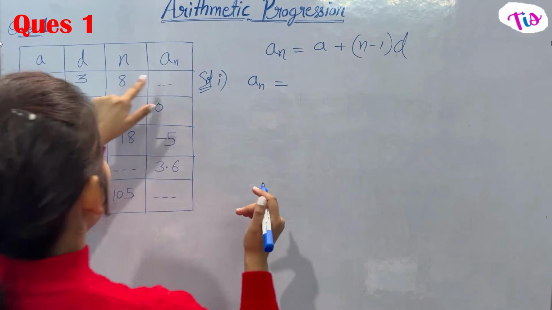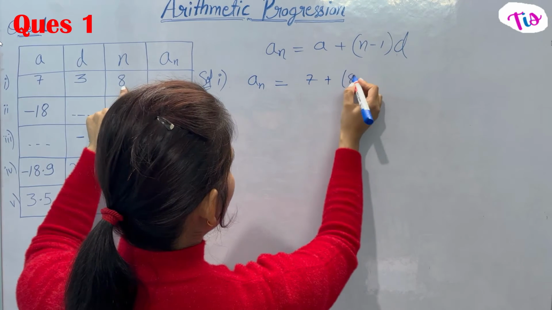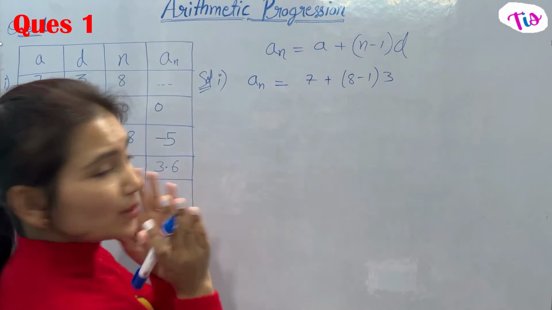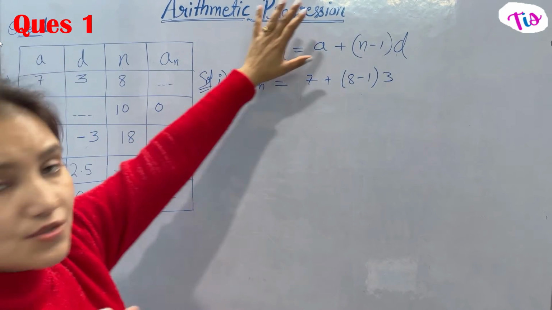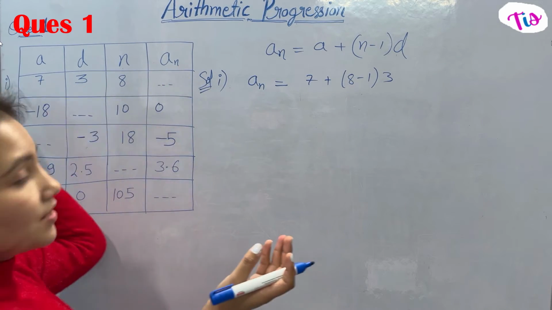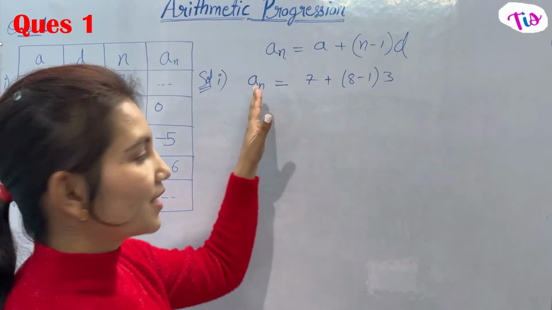Here a is 7, n is 8, so 8 minus 1, and d is 3. We are just substituting the values in this formula, because we need to find the nth term and we have the rest three.